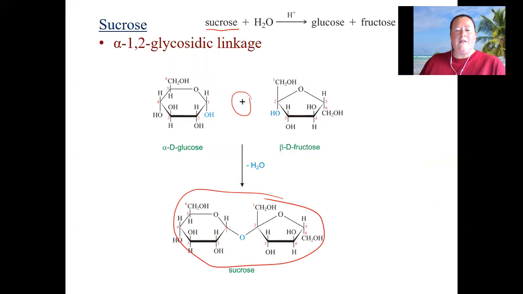Again, you see this is an alpha linkage. You see kind of this V shape. But here we have glucose and we have fructose. And we mentioned that sucrose is 50% fructose for anyone who is interested in monitoring their fructose intake for any reason.